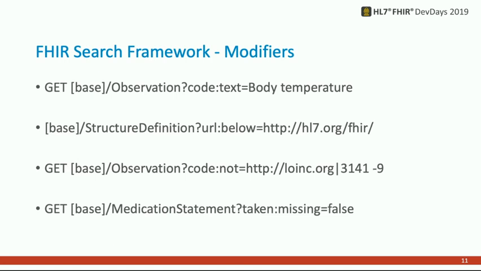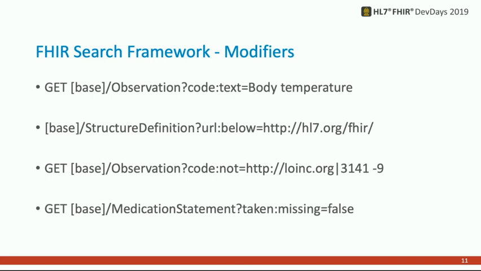So could you just say code not equals http LOINC pipe, which means anything that's in the LOINC system? Yes, you could leave out the last part. You could say, I do not want to search on this particular code. So you can only leave the parts out that come after, but not before.